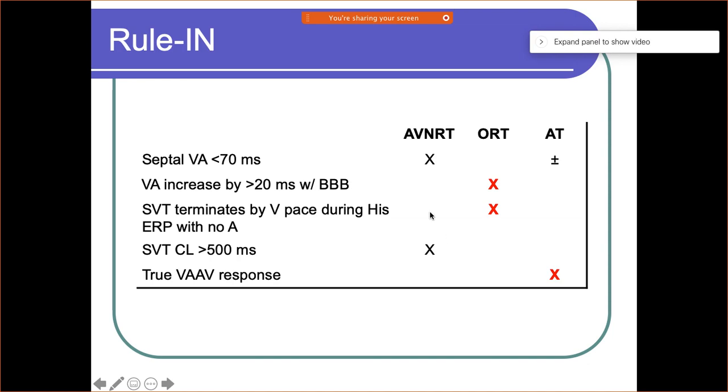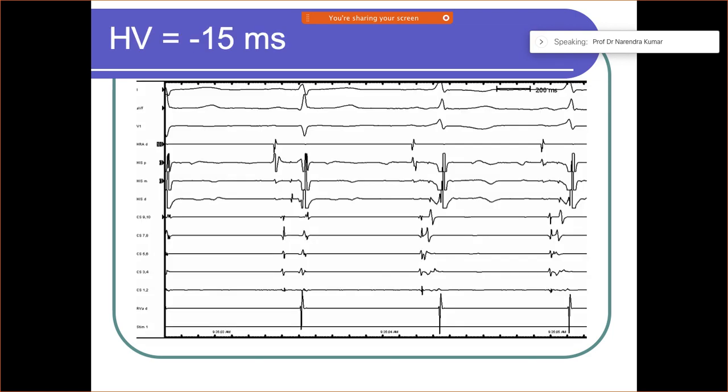For the AVNRT, the cycle length is less than 500 milliseconds. Why is that? Try to think about it. The reentry circuit, for example for the AVNRT, is quite a lot smaller, so the tachycardia can be quite a lot faster. And that's the reason, if the tachycardia cycle length is more than 500 milliseconds, you are able to rule out AVNRT.